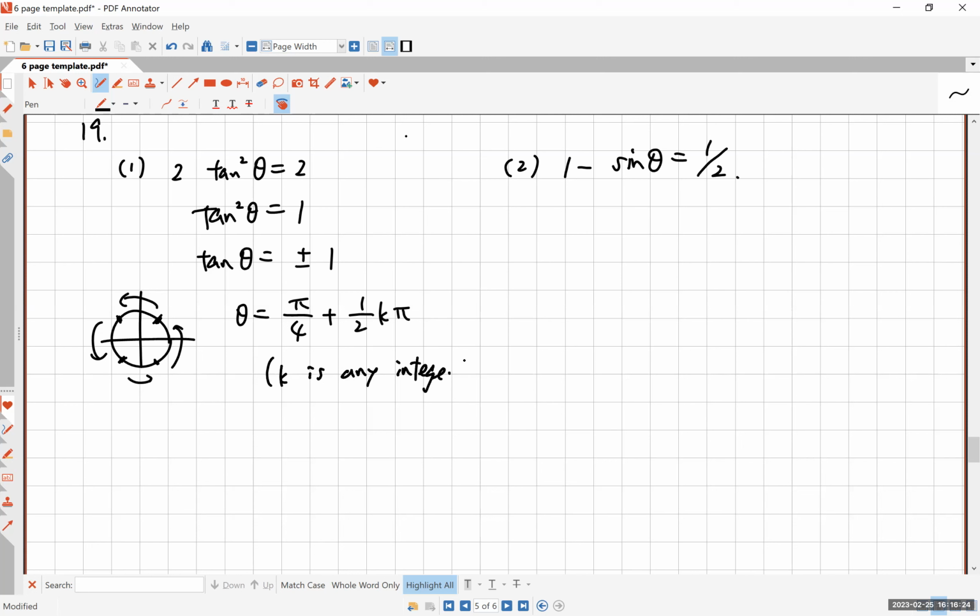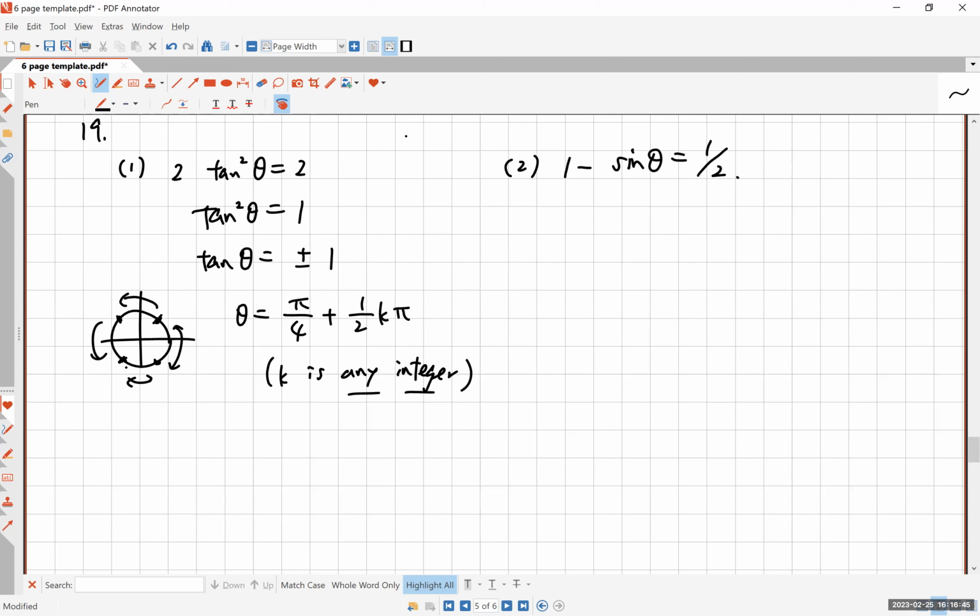And this is going to give us pi over 4 plus 90 degrees times k, which is every 90 degrees. And because k is any integer, it can be negative, so it can go backwards. And so it's going to hit every one of these things.